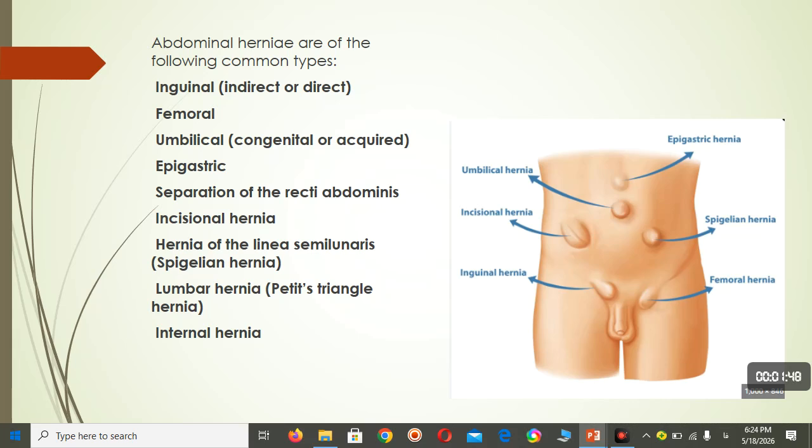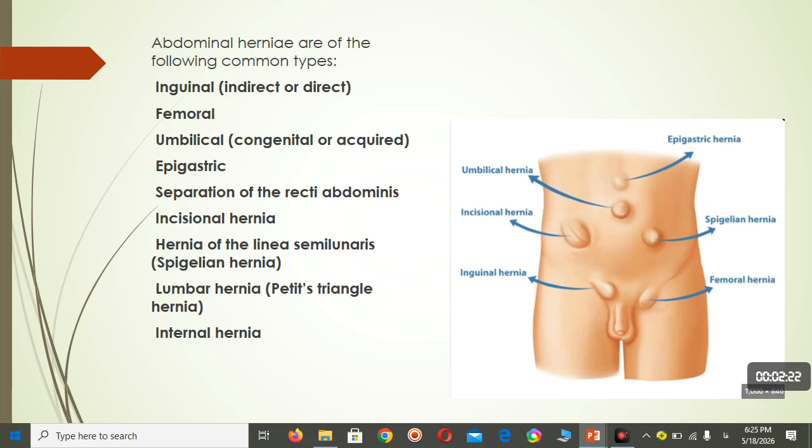Hernia means an organ moved from the normal position to an abnormal position, like here. This hernia is because here we have a weakness in the anterior abdominal muscles. Here is xiphoid process. Inferior to xiphoid process, if we have a weakness, this is named epigastric hernia.